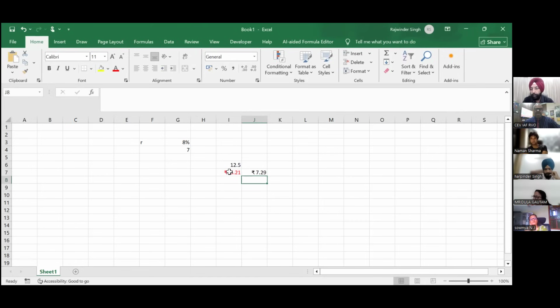This is 7.29. So the reversion formula is not directly there.